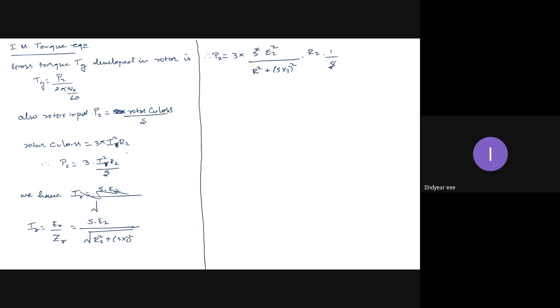I can write P2 is equal to 3S E2 square R2 divided by R2 square plus S X2 square.